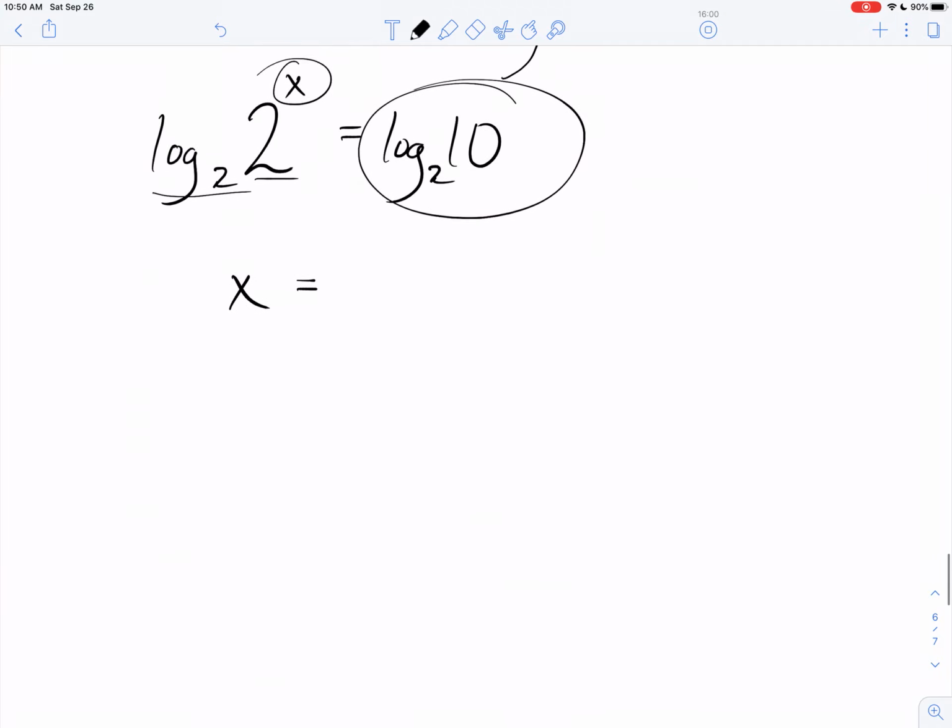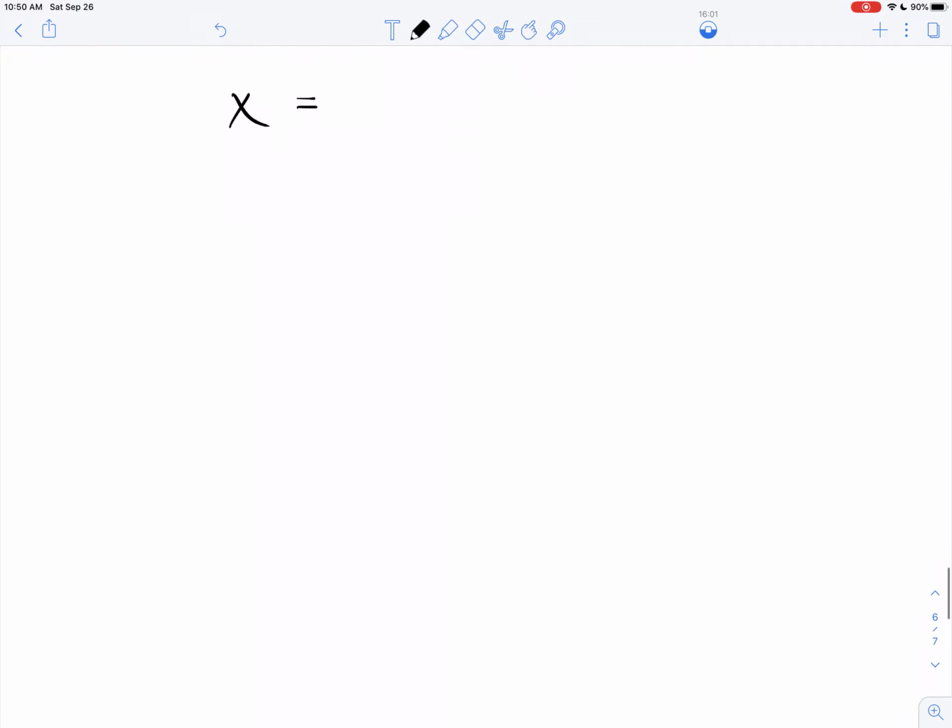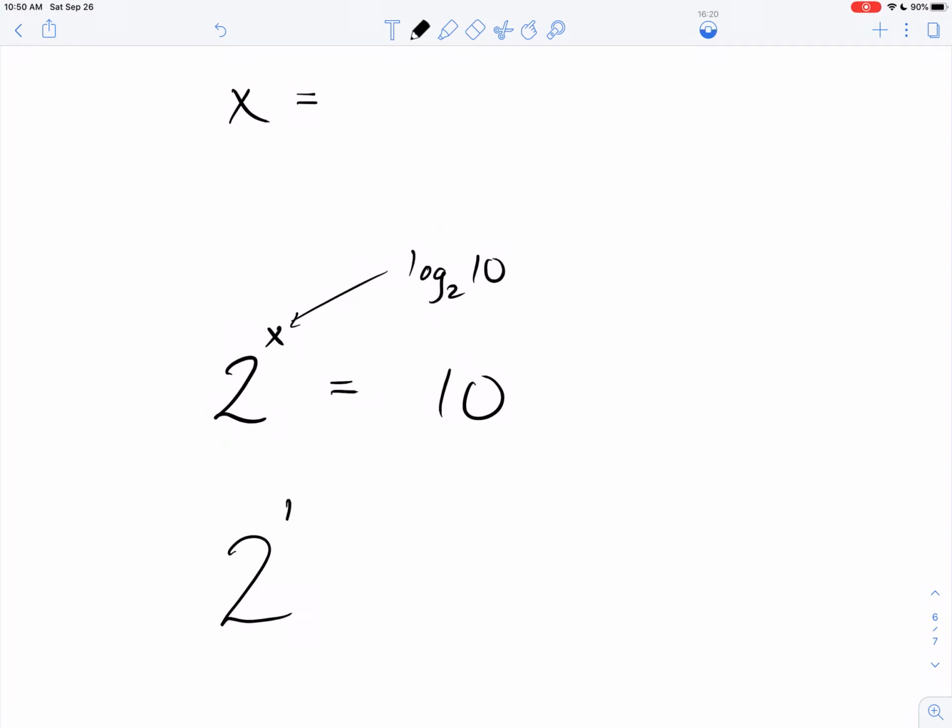Now, let me show you one other way to check your answer. Remember, here was my original problem. This equals 10. So my answer that I got was log base 2 of 10. Let's rewrite that: 2 to the power of log base 2 of 10.